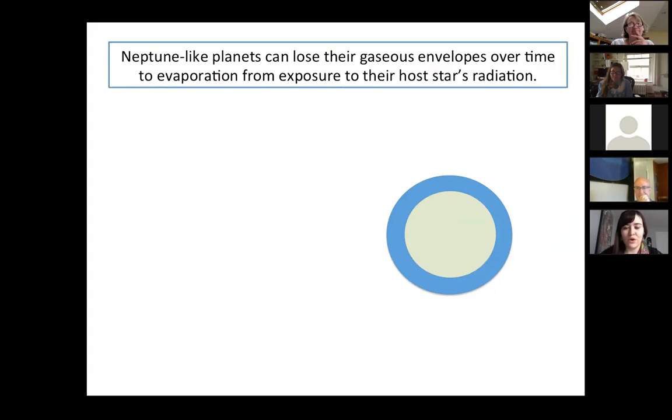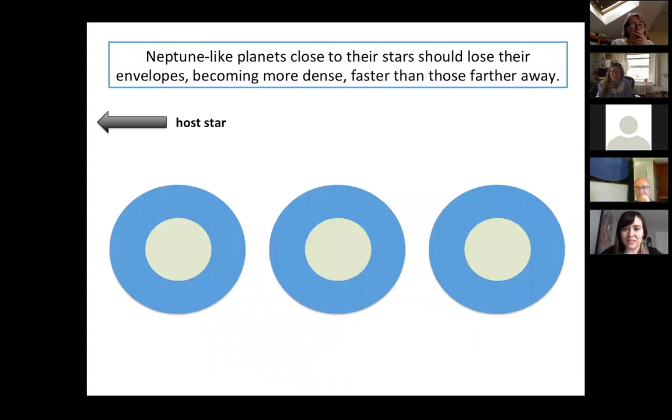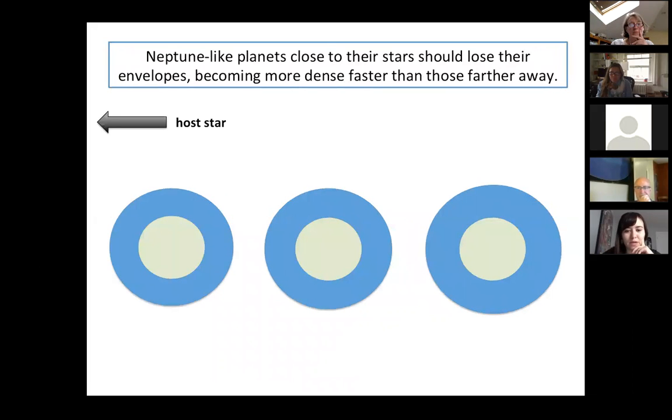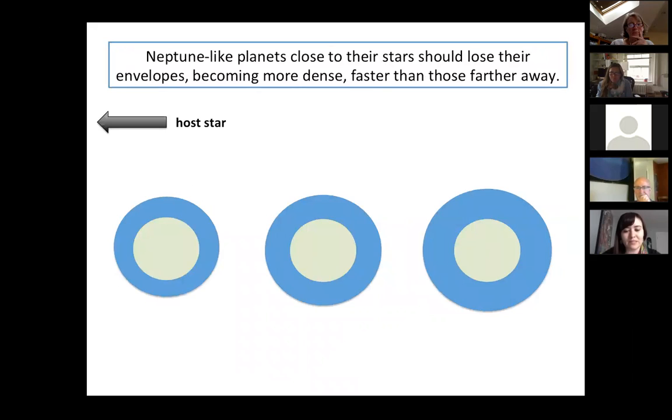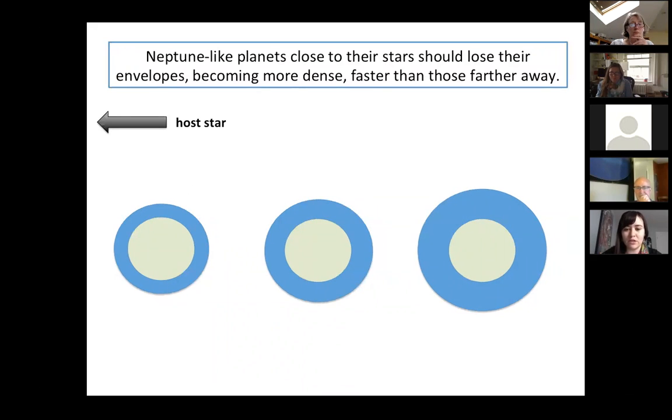And so I'll ask you instead to consider a system of planets now that are orbiting the same host star, and they're receiving radiation from their star. And so as we can imagine, as time goes by, the planets that are closest to the star are actually going to lose their atmosphere faster than the ones that are farther away, because they receive a higher flux of radiation from the star.